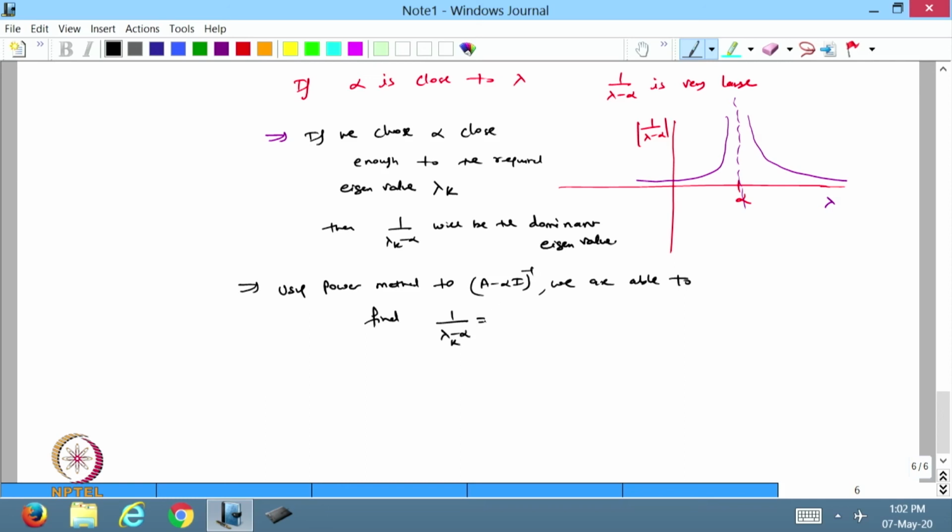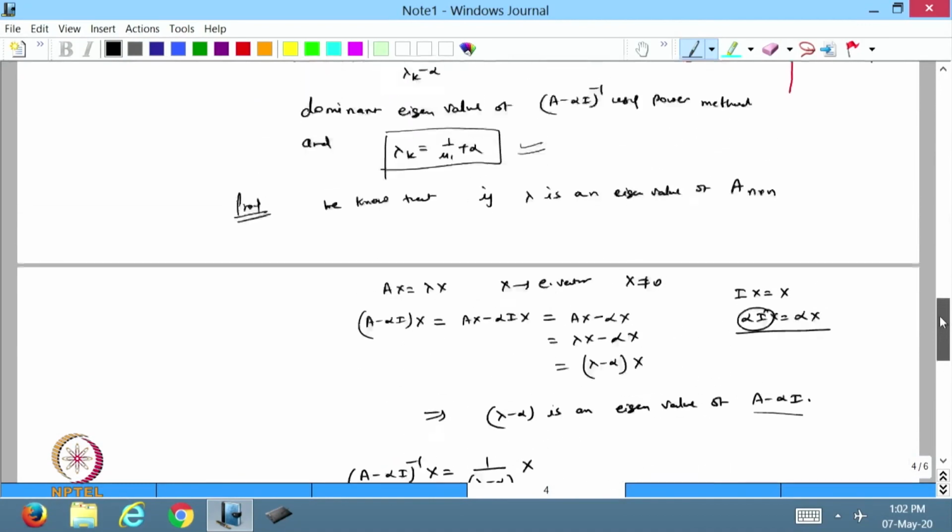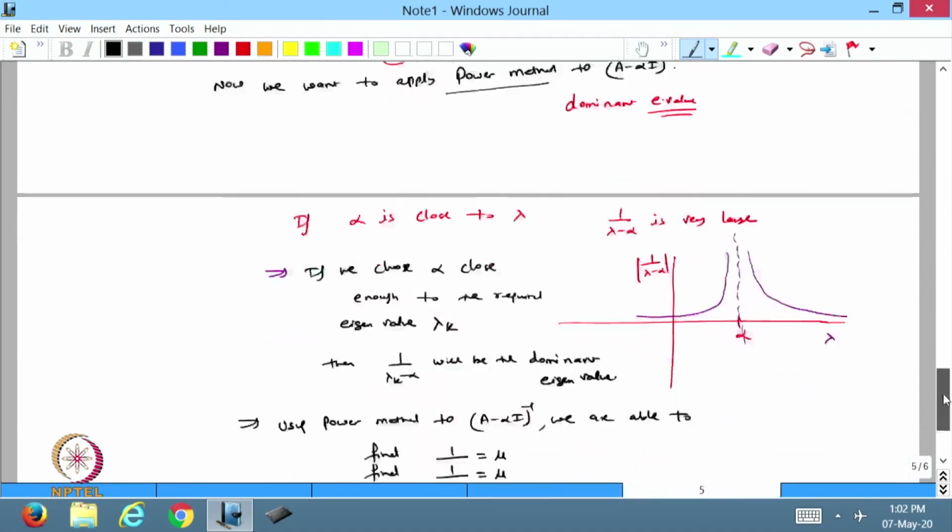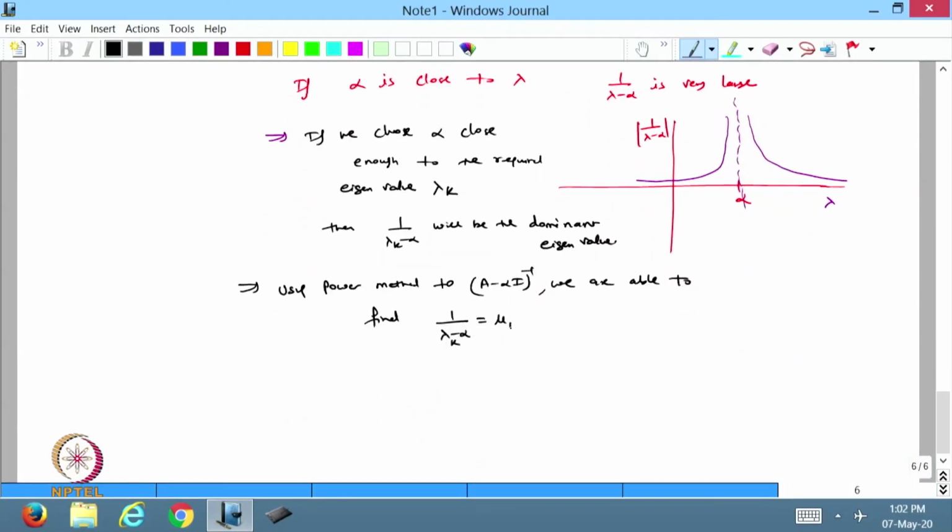Suppose this is equal to, we are calling it mu 1. So, this is the eigenvalue of this. So, from here I get 1 over mu 1 will be lambda k minus alpha, and from here my lambda k will be 1 over mu 1 plus alpha.